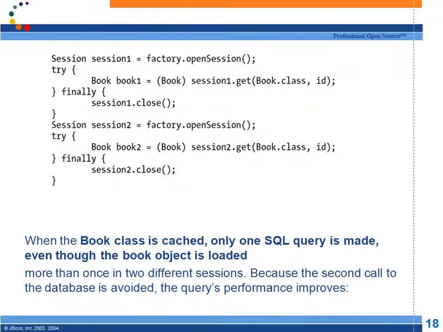Then in this case, how many queries are fired now, if second level cache is enabled by following those steps? Only one, because second level cache is enabled and its scope is the factory. We are getting both sessions from the same factory, so only one query will be fired.